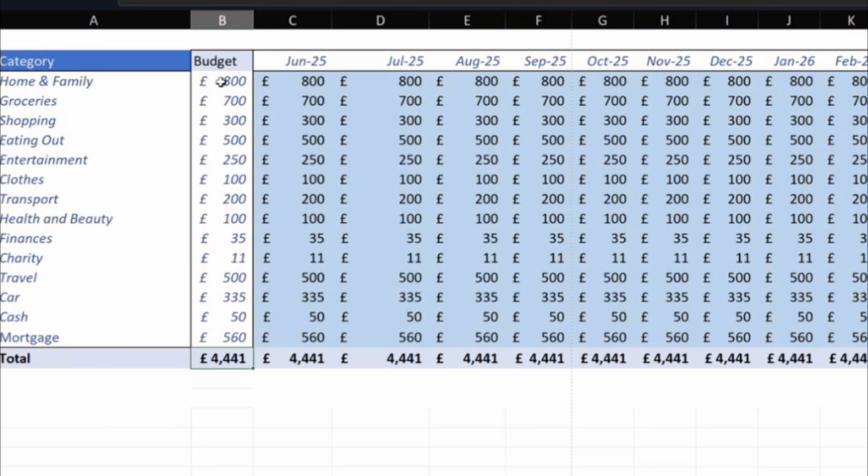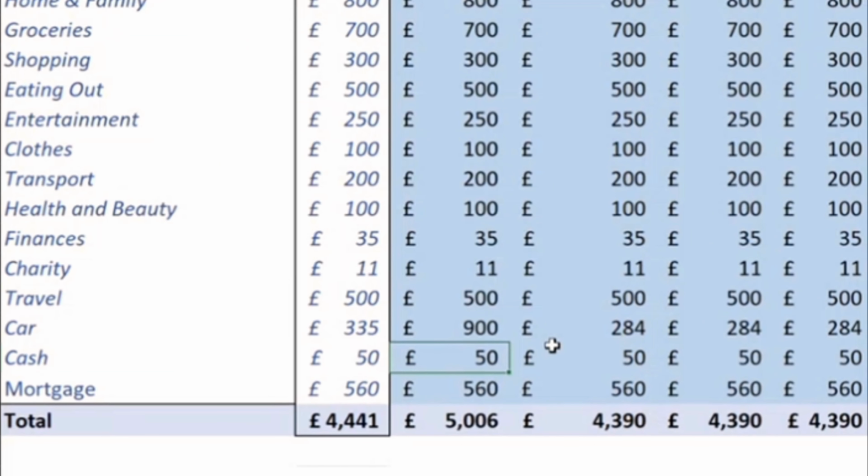But what she was really keen to do is to understand the impact of when she either underspent or overspent on a particular budget. So the first thing in month one, she had a car service. It turned out to be quite expensive. It was actually £900. So when she puts her actuals in here, she'd actually spent way over what she should have.